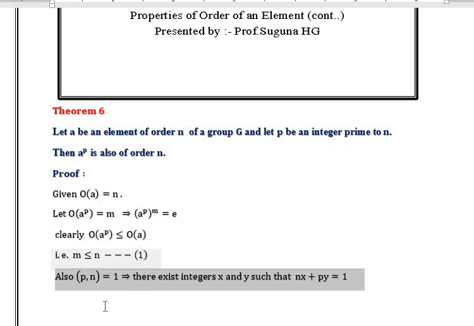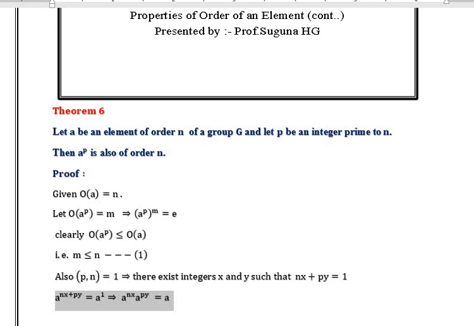And also p and n are relatively prime, which implies that there exist integers x and y such that nx plus py is equal to 1. So a^(nx+py) is equal to a^1, because nx plus py is equal to 1.